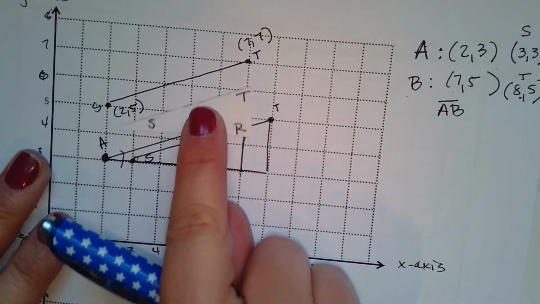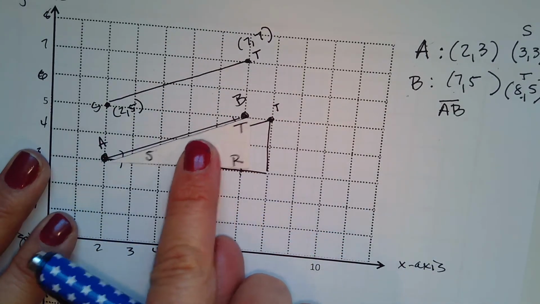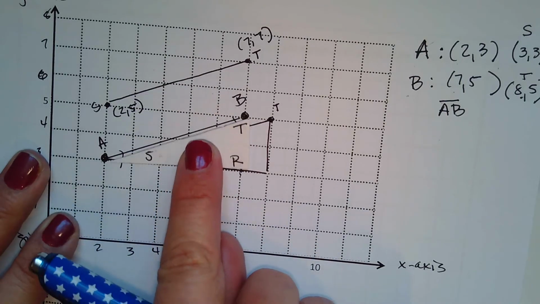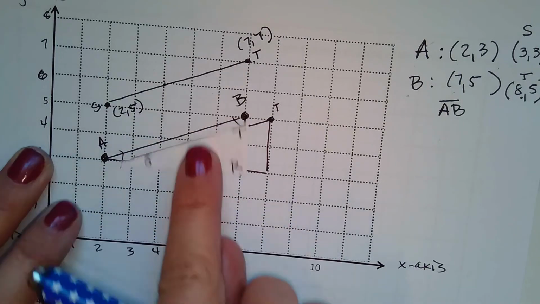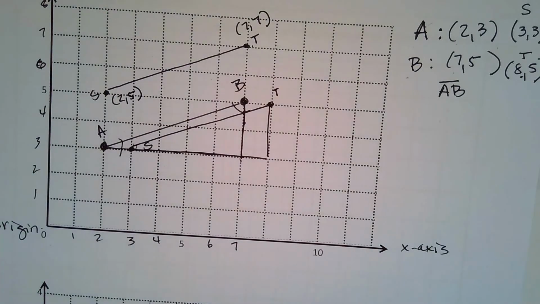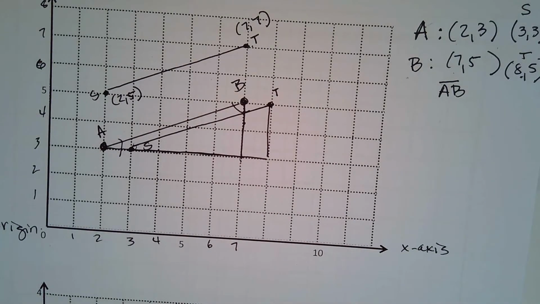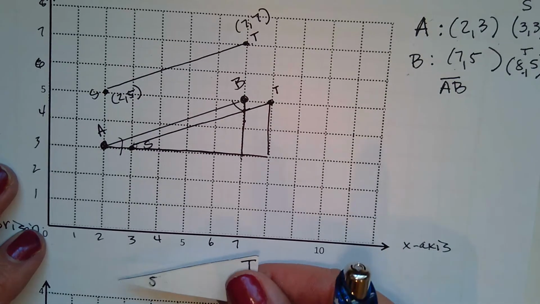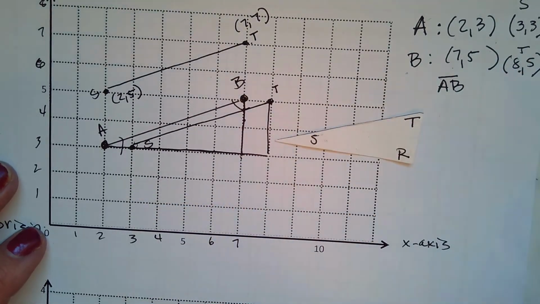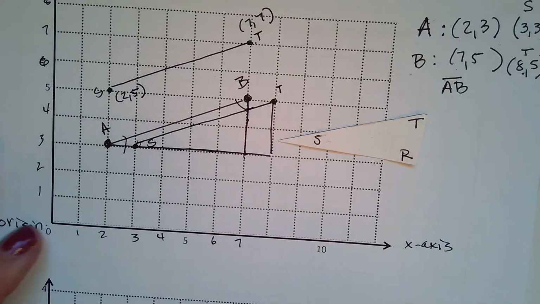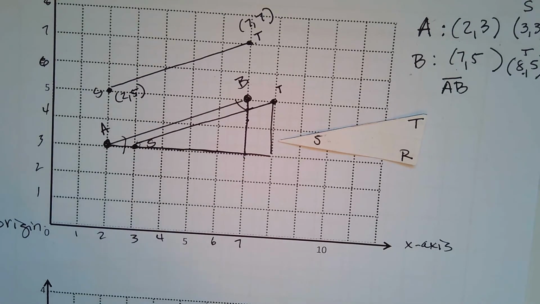So hopefully you're understanding how, depending on the direction that you slide, if you slide left or right, your point on your x-axis is going to change. If you go up or down, your y-coordinate on your y-axis would change.